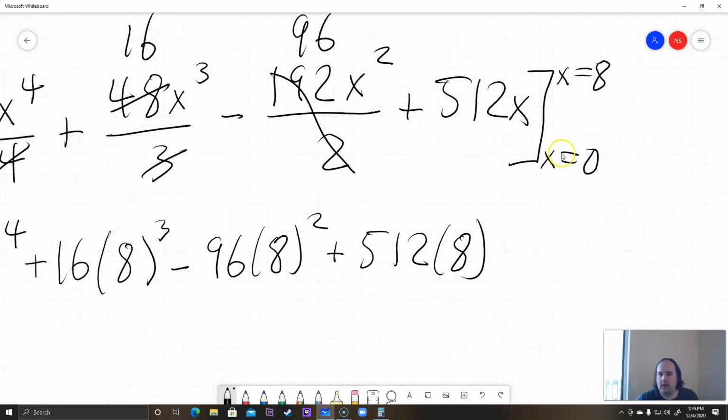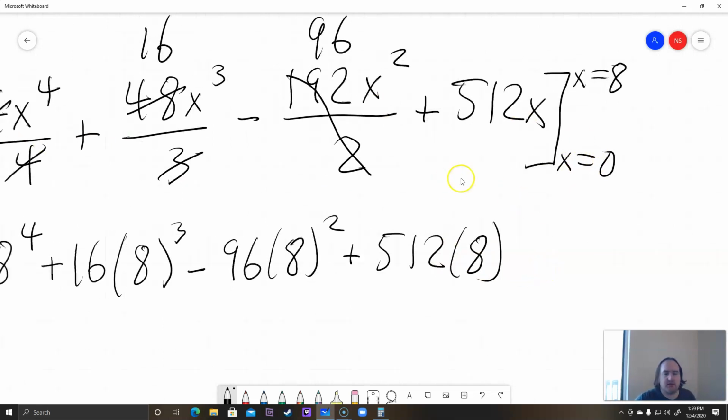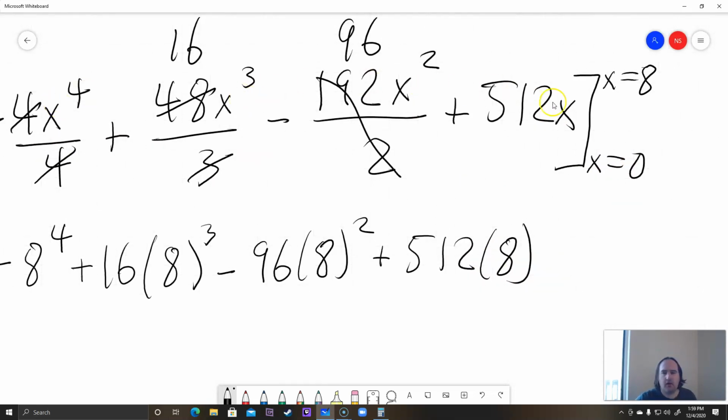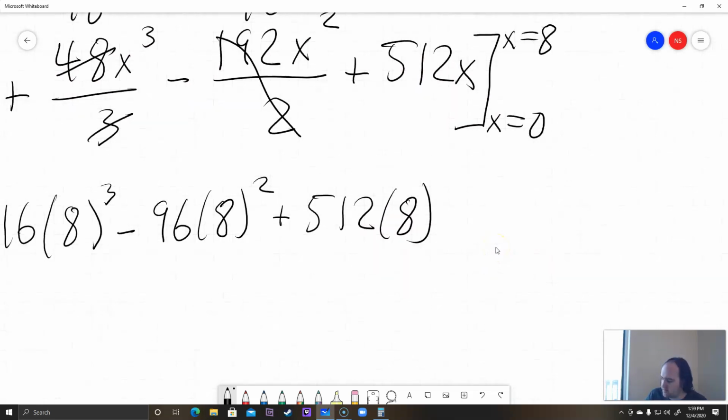And then we subtract all this evaluated at 0. But since every single term has an x, when we plug in 0, they all become 0. So we're really just subtracting 0 here.